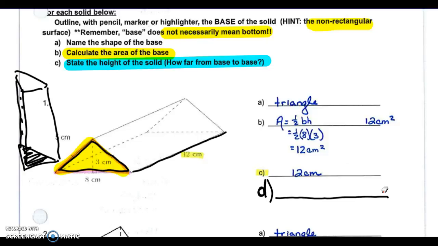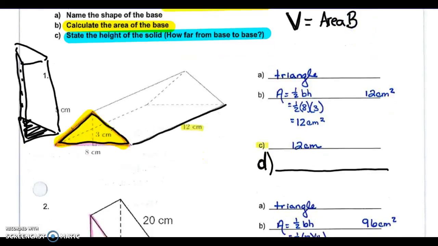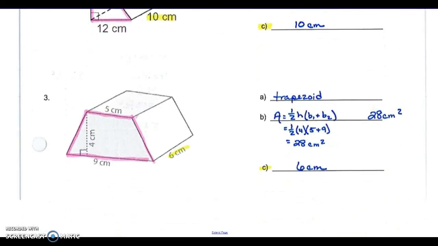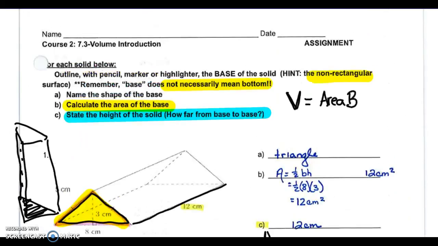In order to find volume, and I want you to write it up here in the corner, the formula that I need you to know, and I know that the formula sheet says other things, is this: you need to find the area of the base, and I'm just going to write that as area of B, because that's going to change. You see all of these prisms that you looked at, we had some triangles, we had some trapezoids, it's always going to be different.